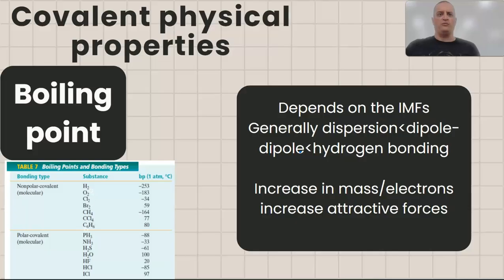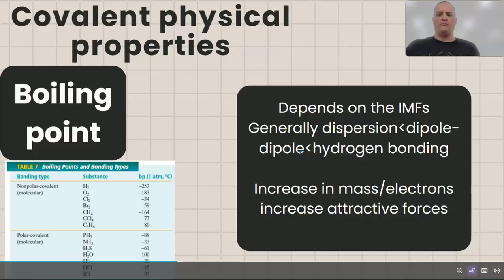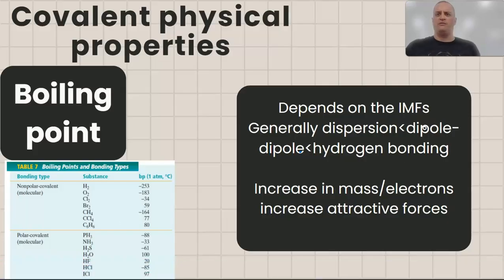With polar covalent compounds, they have higher boiling points because they have the dipole-dipole, and they could have the hydrogen bonding forces. So what that means is that they have stronger attractions in general, so they're able to have higher boiling points because they have more attractions.